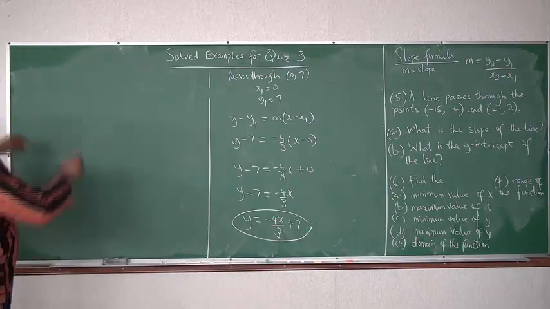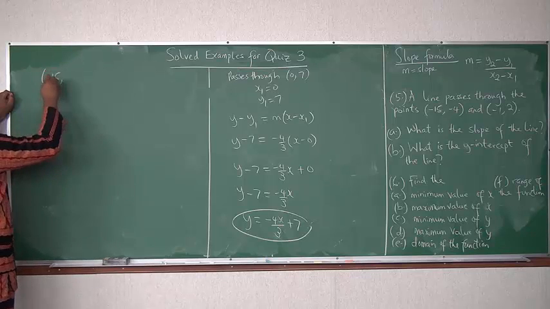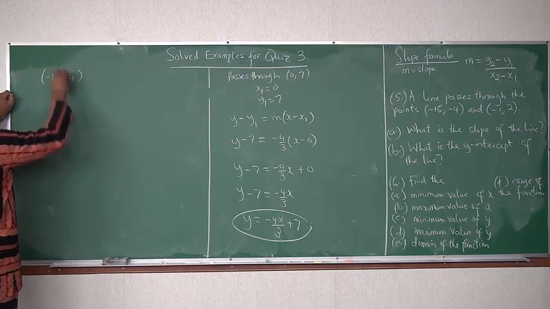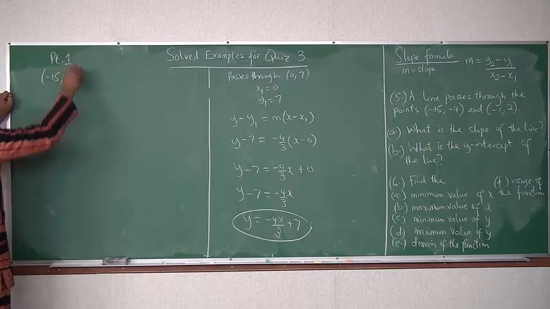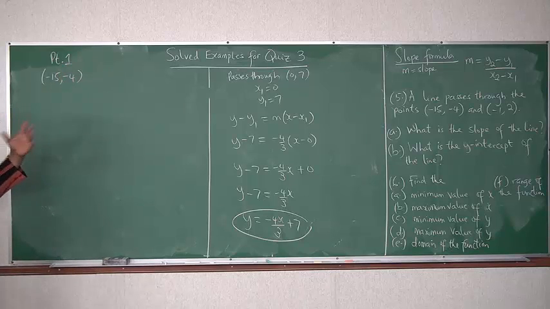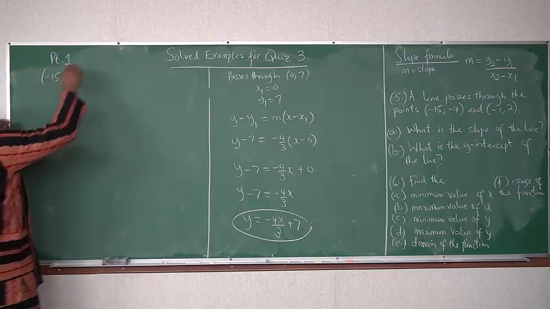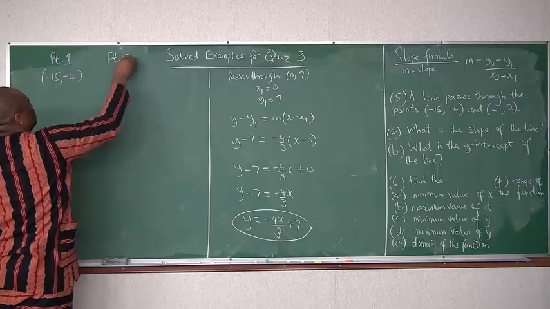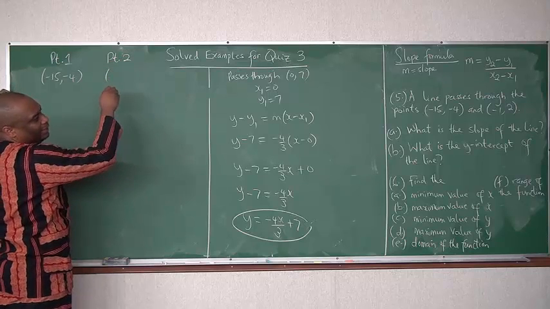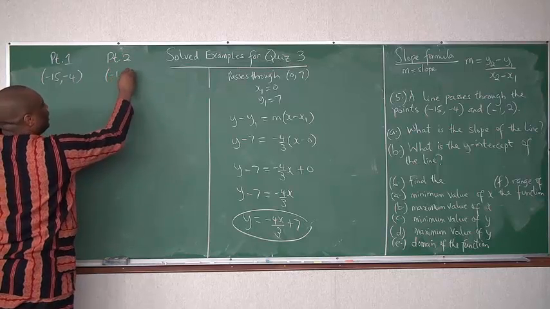If we solve it, we have negative 15, negative 4. We can call this point 1. It's good you write it out like this so that you don't make mistakes. Some students might prefer to write it differently, which is still okay.